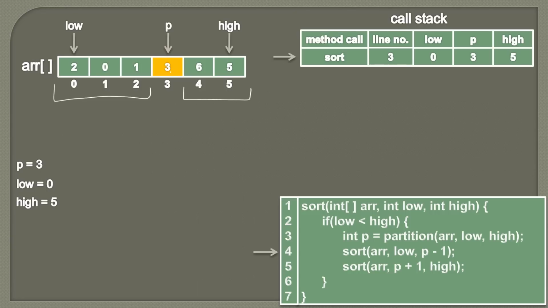So friends, here you can see that if I sort this array directly, the sorted array would look like 0, 1, 2, 3, 5 and 6.